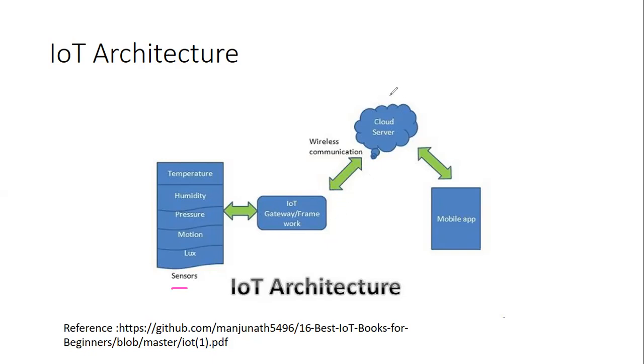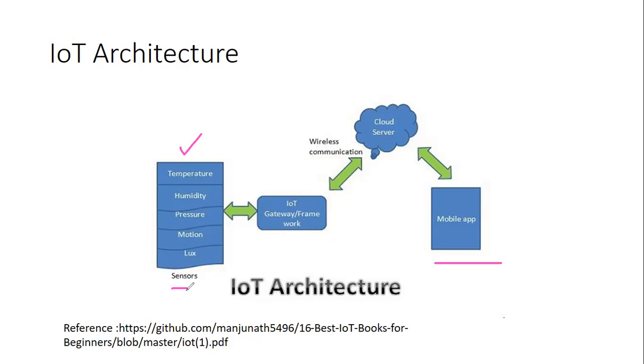Then you need cloud, and from cloud there is a mobile app or output display end. So these are the few main components of IoT. So the first unit is sensor.